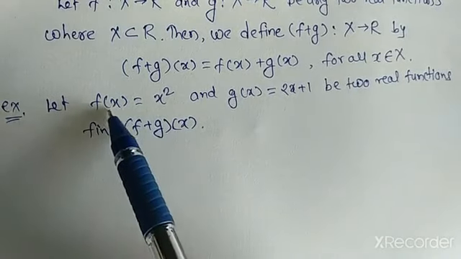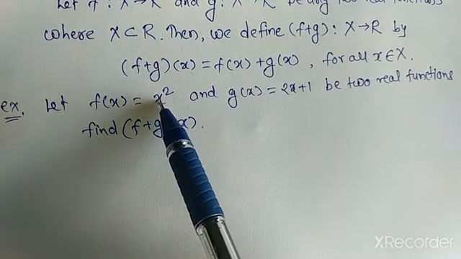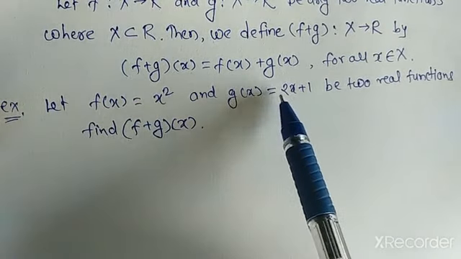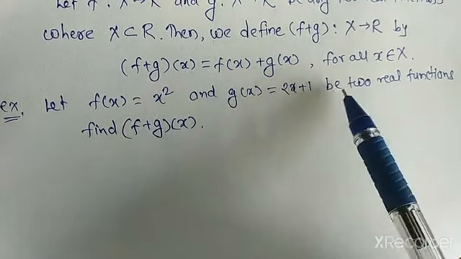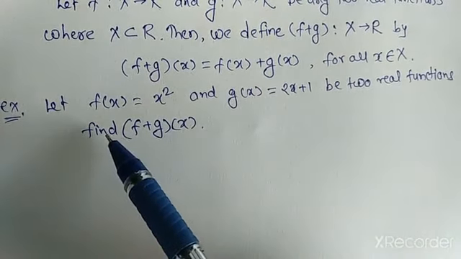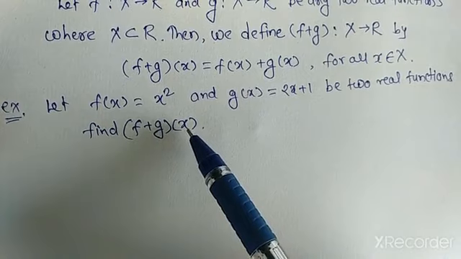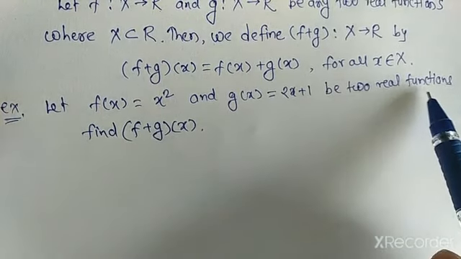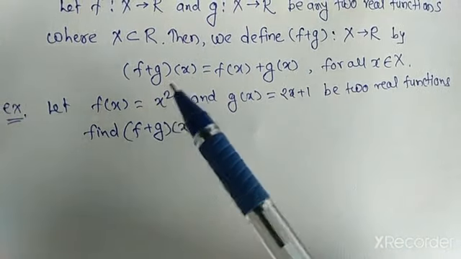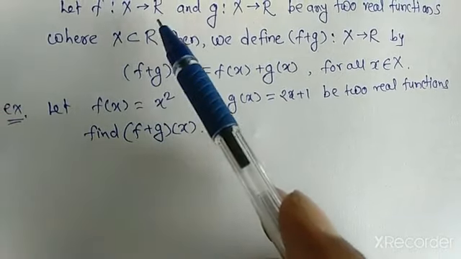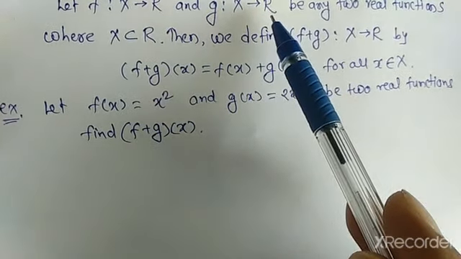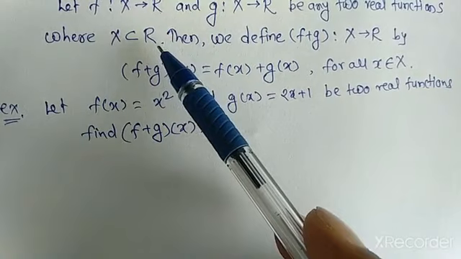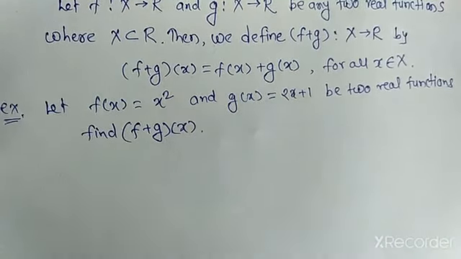Now here given f(x) is equal to x square and g(x) is equal to 2x plus 1 be two real functions. Then we have to find (f plus g)(x). Here f is a function from X to R and g is also a function from X to R and X is a subset of R, so X is also a real number.